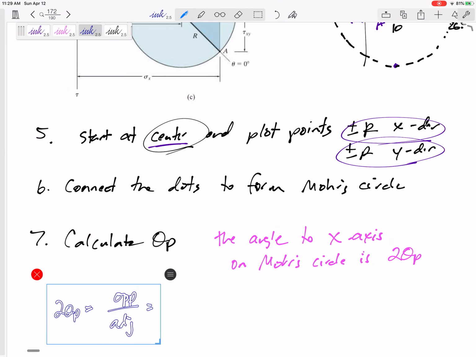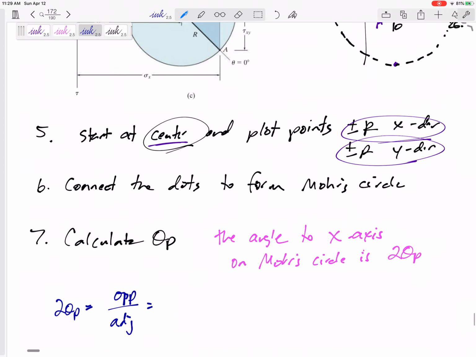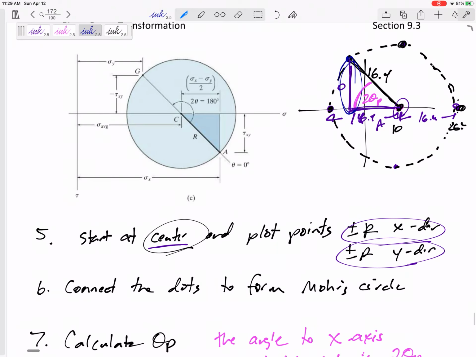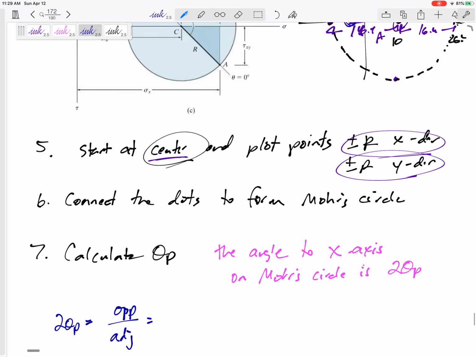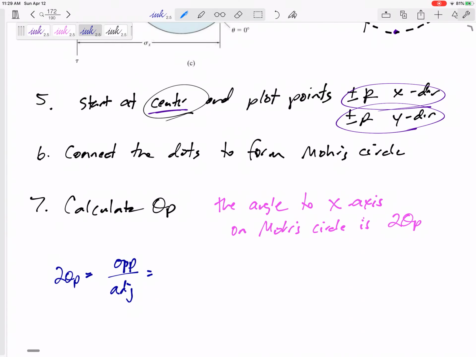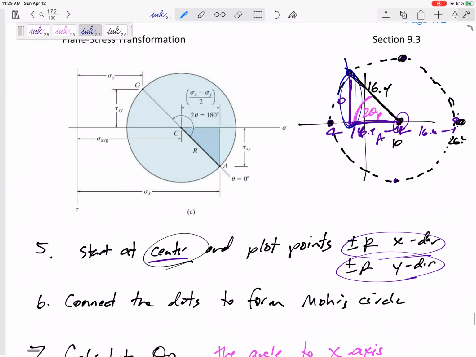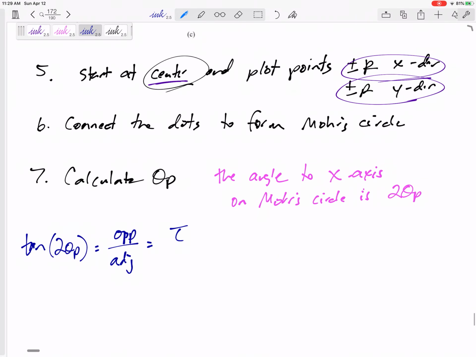Now, again, I don't want you to memorize this, but your opposite is always going to be your tau xy.